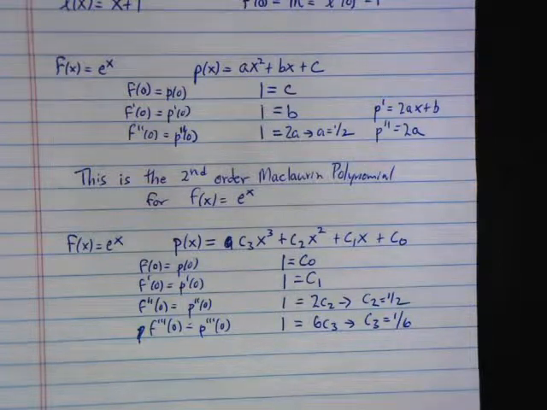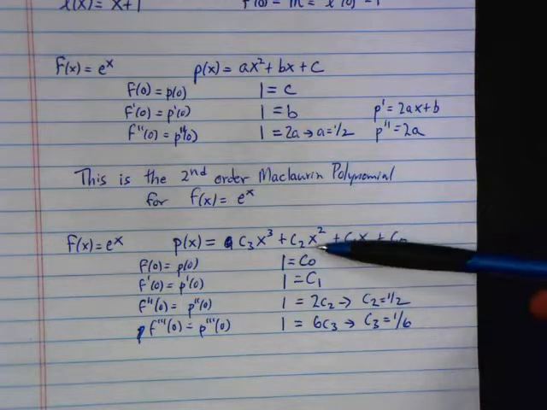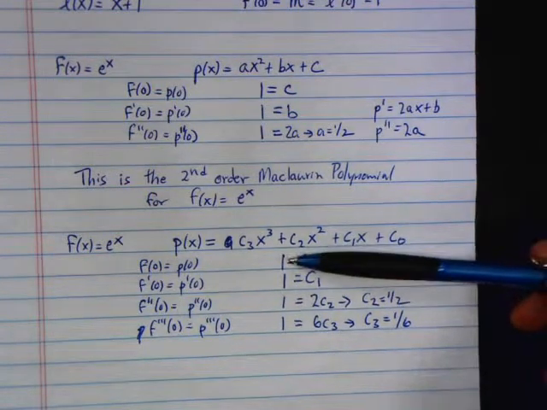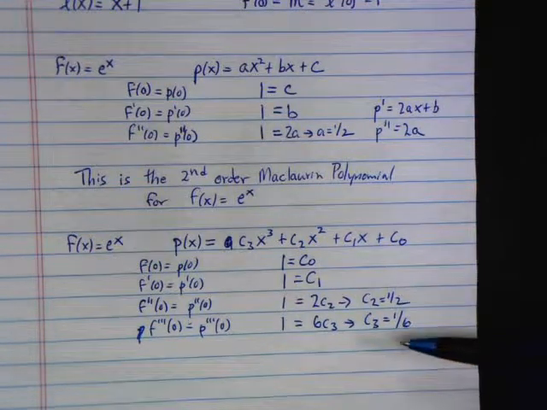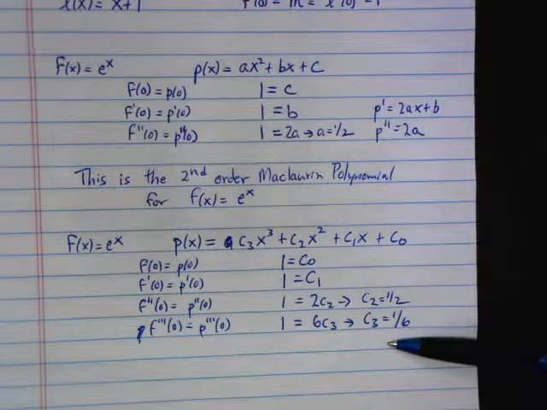All right, so my question to you is there a pattern in these numbers? 1, 1, 1/2, 1/6. What's the next one? 1/24. Where in the world did you come up with 1/24 out of that?